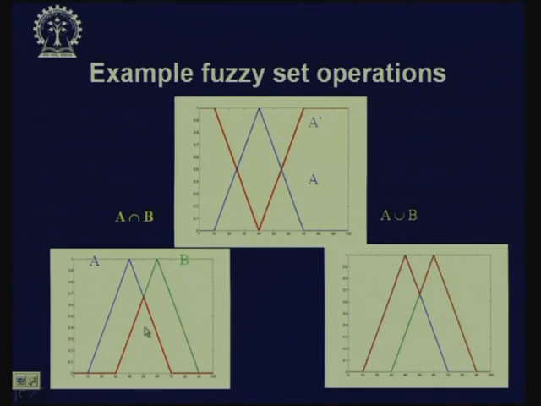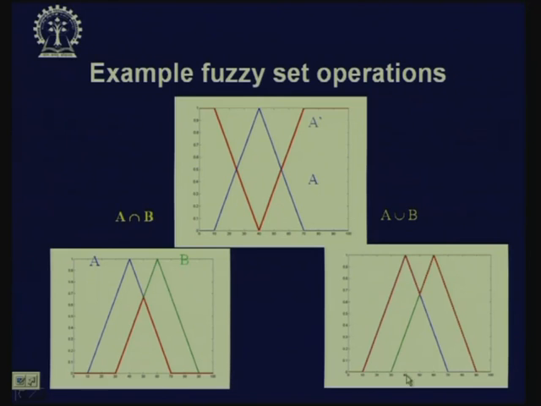50, its membership in A is 0.65, its membership in B is also 0.65. So, in the intersection set, the membership of 50 will be the minimum of 0.65 and 0.65, which is 0.65. So, this red line in this way will define the intersection set.